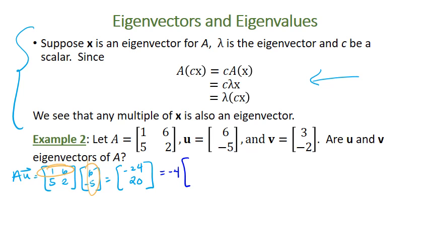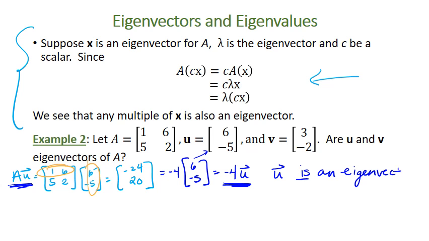If I take out that negative 4, I am left with vector U. So I can see that negative 4 times vector U is equal to A times U. So U is an eigenvector of A. And the eigenvalue would be negative 4.